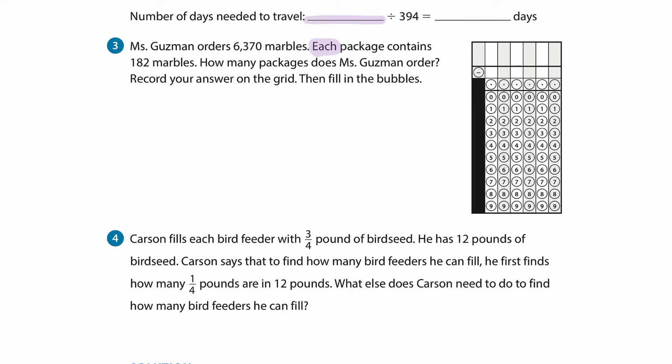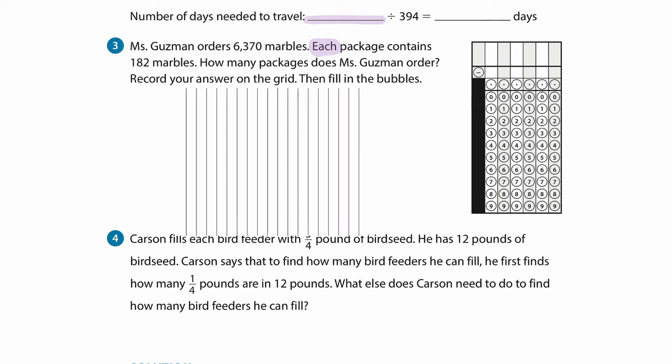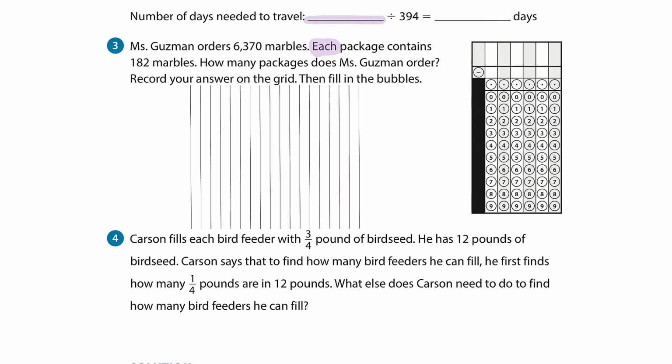Okay. So what I'm doing here is I'm going to take the total amount of. Actually, let's see here. I'm going to put in a little grid paper for myself here since I'm doing some long division. Okay. And we are going to do our total, which is 6,370 divided by 182.